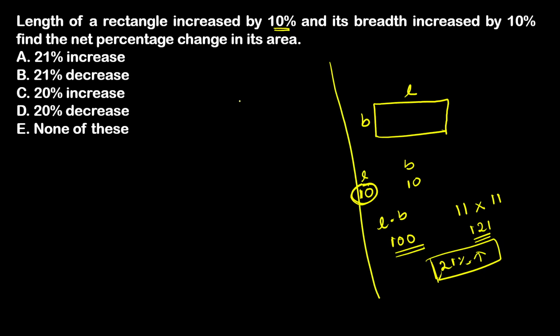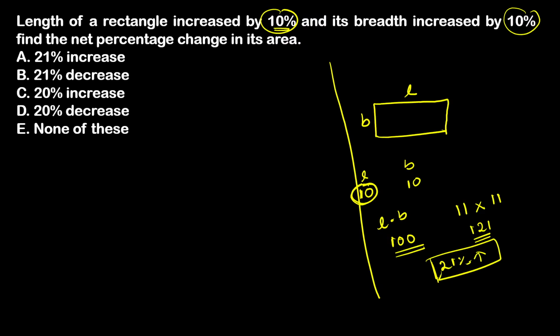Now let us discuss an alternate method to solve the same thing. This will be helpful to solve all the questions which are based on percentage shift. Percentage shift is nothing but by some percentage the value will be increased, and then by some percentage the value will either be increased or decreased.